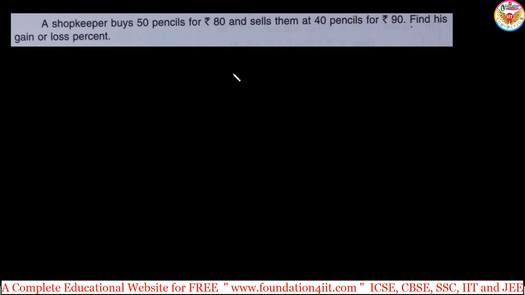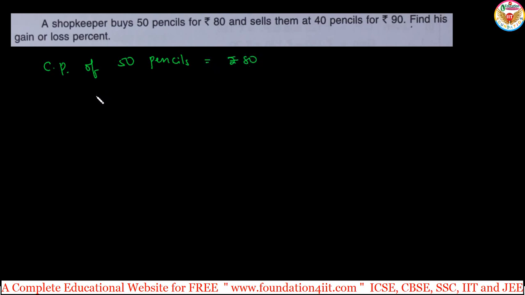Let us find out the cost price and selling price for one pencil. The percentage does not change; whether it's one pencil or two, the rate percentage is the same. Percentage is fixed. So the cost price of 50 pencils is rupees 80.